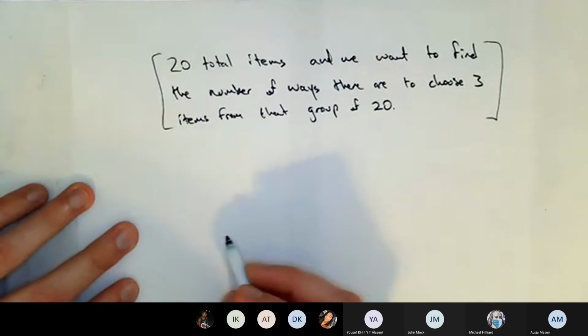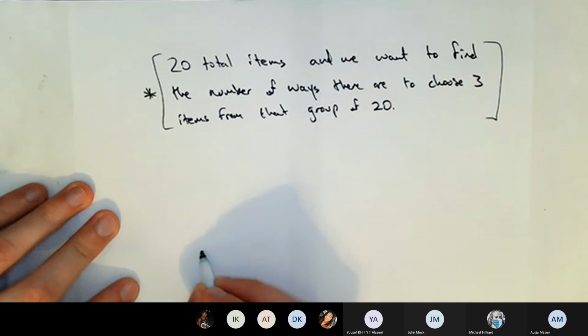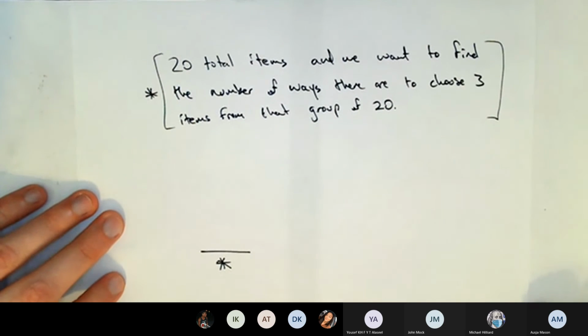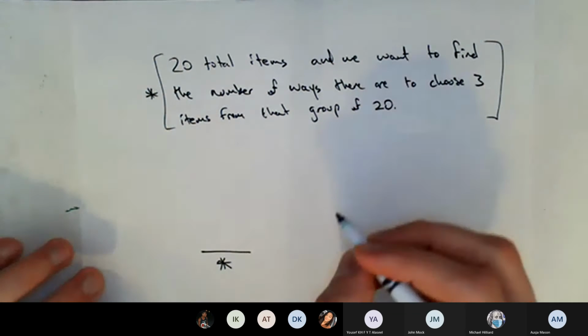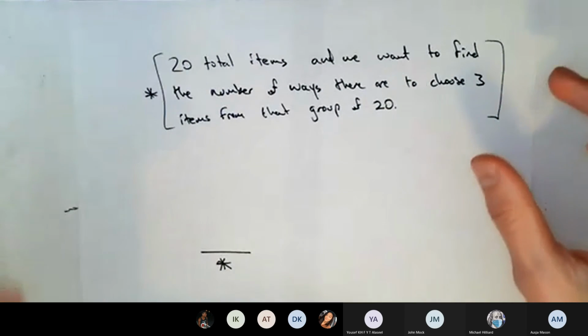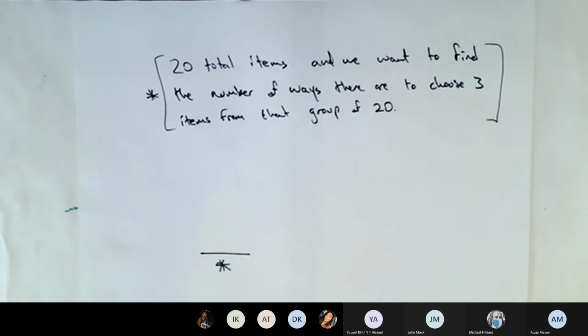This is going to go into the denominator of our probability fraction. Well, we know that the order does not matter. So when you've reached this conclusion, the next thing is to say, is it a permutation or a combination?